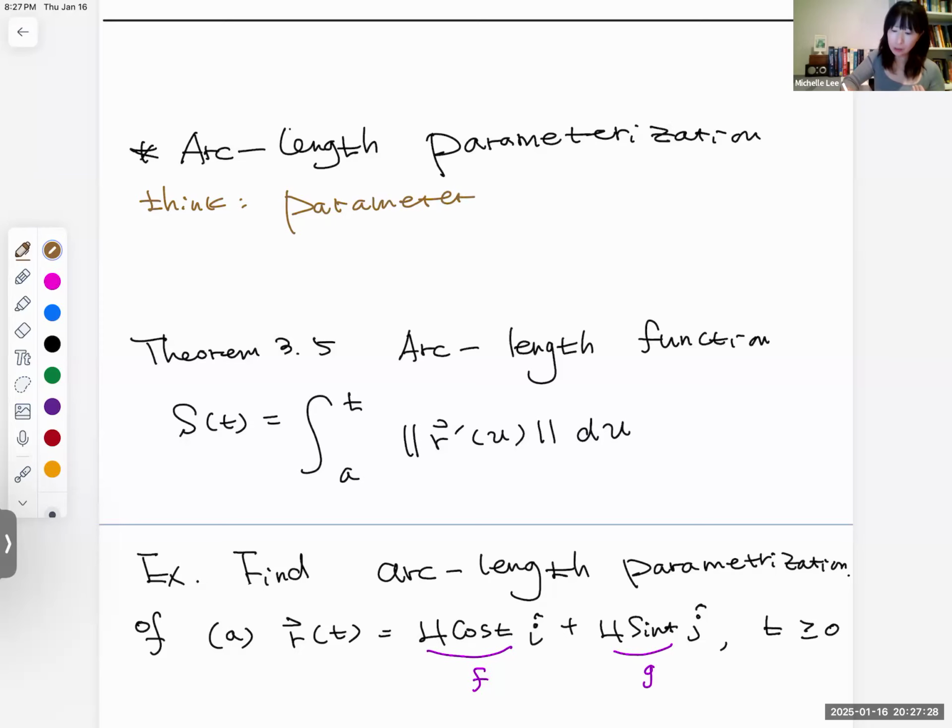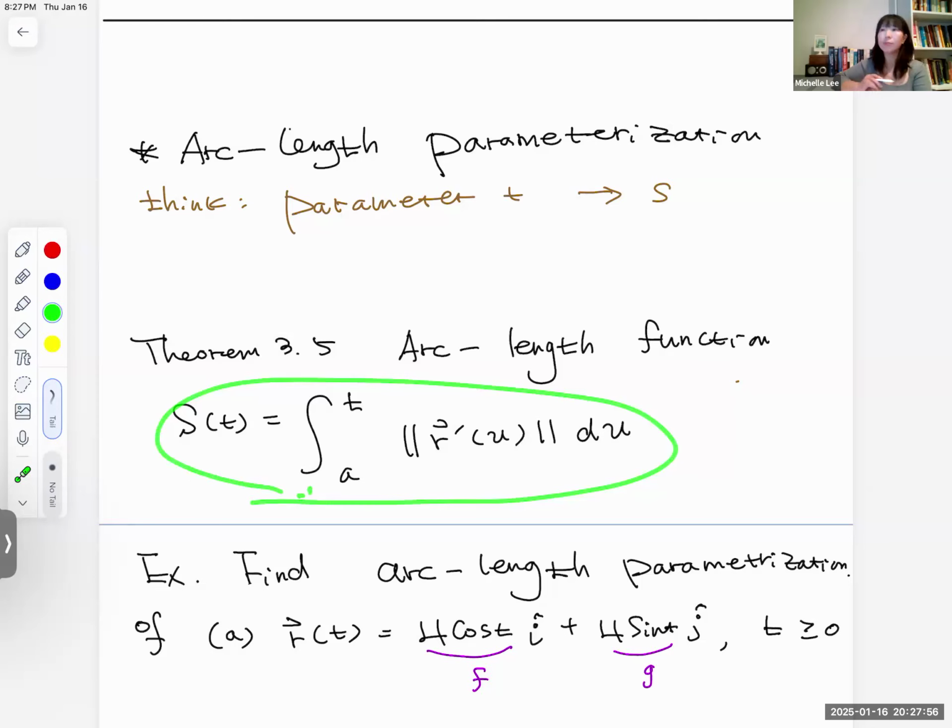Normally we are using t, so we will change it to s at the end. That is arc length parameterization. Okay, so we have the formula here, the arc length function, and this is the formula. So we will use this one later for curvature and later sections.